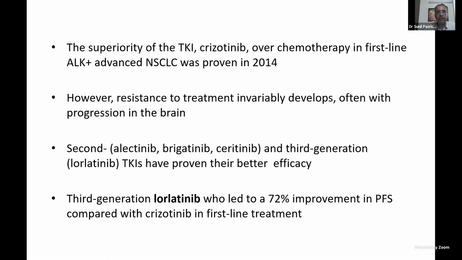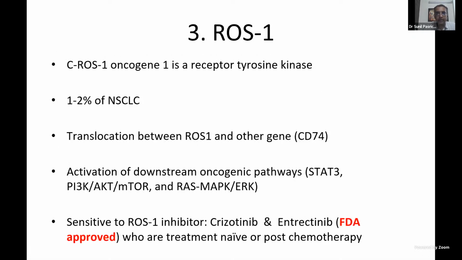The superiority of the TKI crizotinib over chemotherapy in the first line ALK positive advanced NSCLC was proven in 2014. However, the resistance to treatment invariably develops, often with progression in the brain. The second and third generation TKIs have proven their better efficacy. The third generation lorlatinib led to a 72% improvement in PFS compared with crizotinib in the first line treatment.